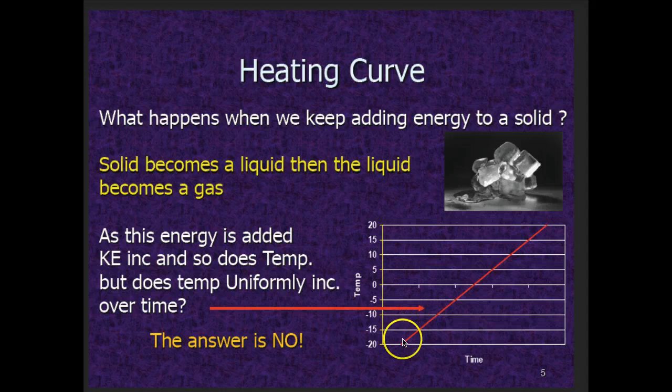If you look at this particular graph, it says as the temperature goes up and time occurs, we have this perfect uniform increase. Well, is that true? As energy is increased and kinetic energy is increased, does the curve look exactly like this? And the answer is going to be no, and we're going to talk about why.